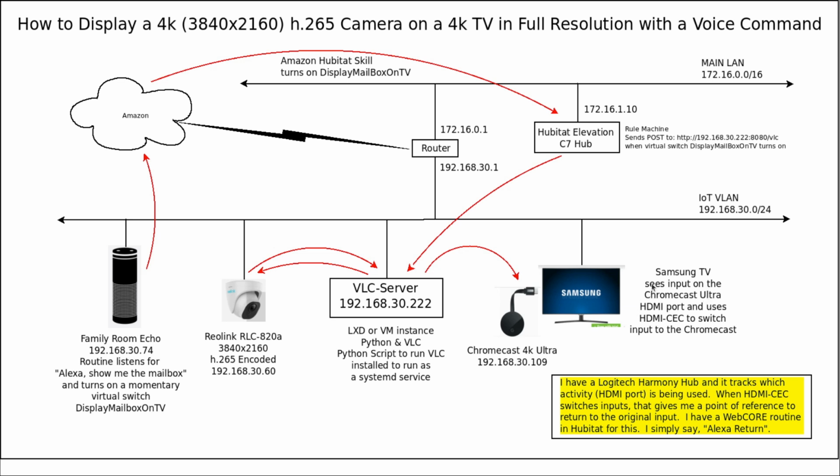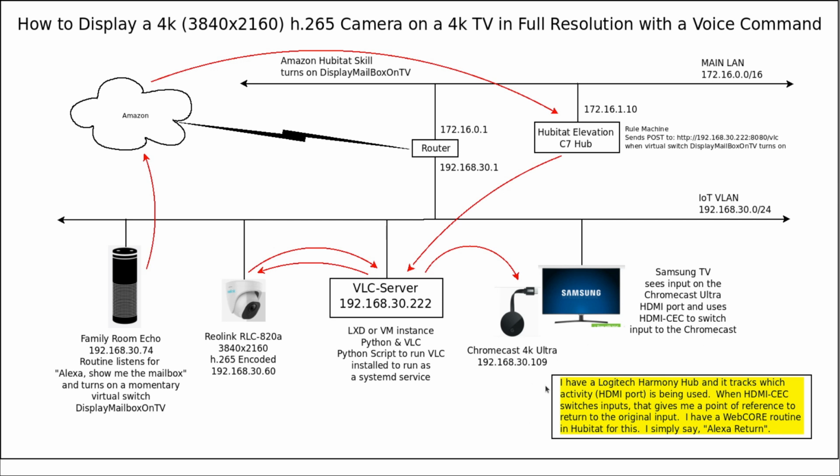And then what it does is it sees activity on the HDMI port where the Chromecast Ultra is connected, and it uses HDMI CEC to switch the input on the Samsung TV to that of the Chromecast.